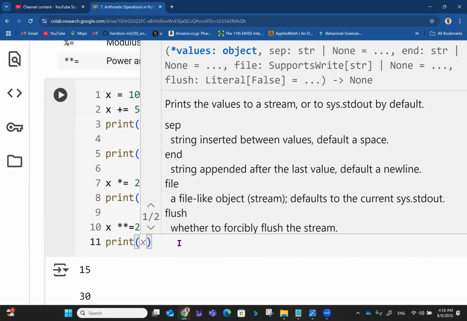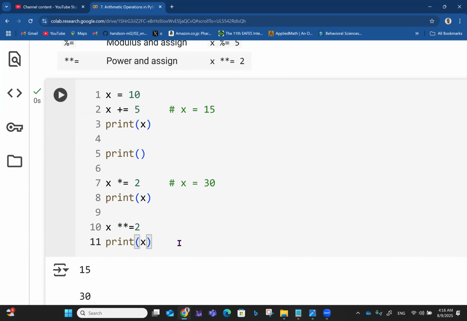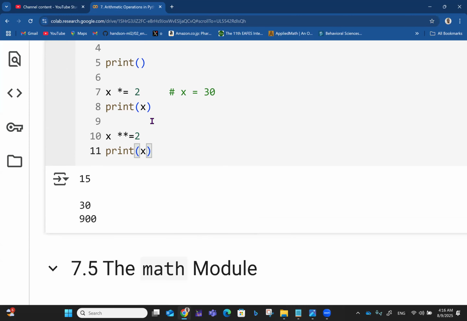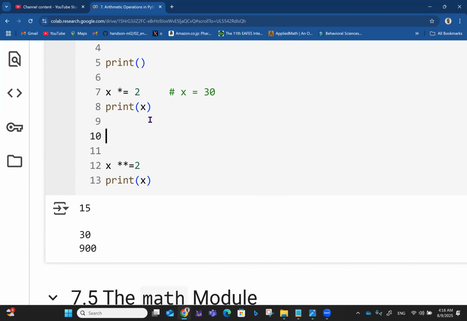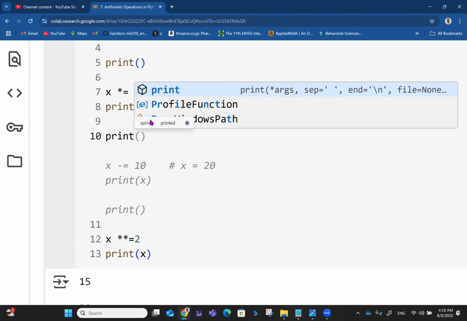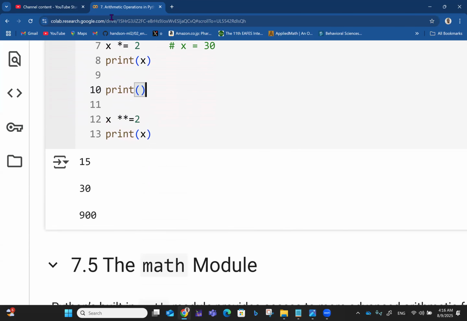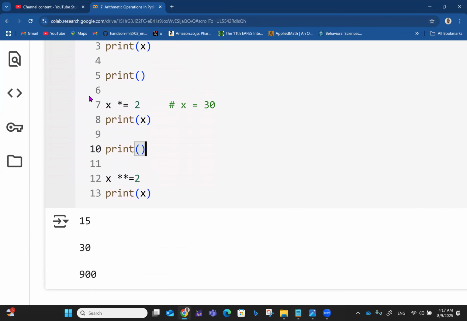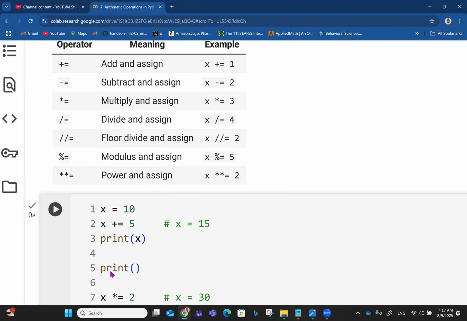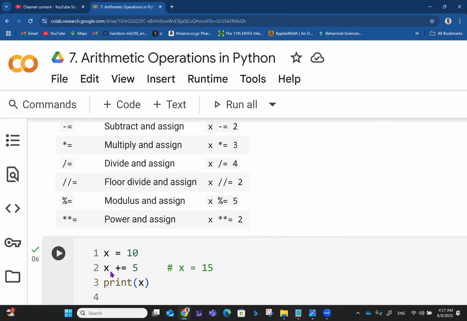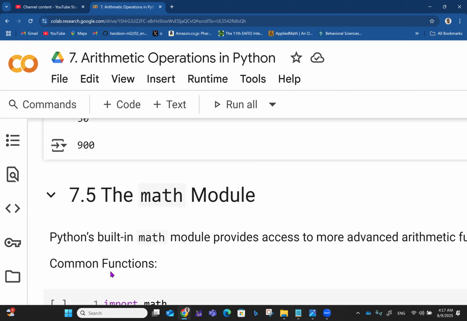Run that now, so you now have 900. I can put a blank print here to separate all of that. So I run this now. So 10 becomes 15, 15 becomes 30 when you multiply by 2, and that 30 raised to power 2 now becomes 900. That is what all these compound assignment operators are about.